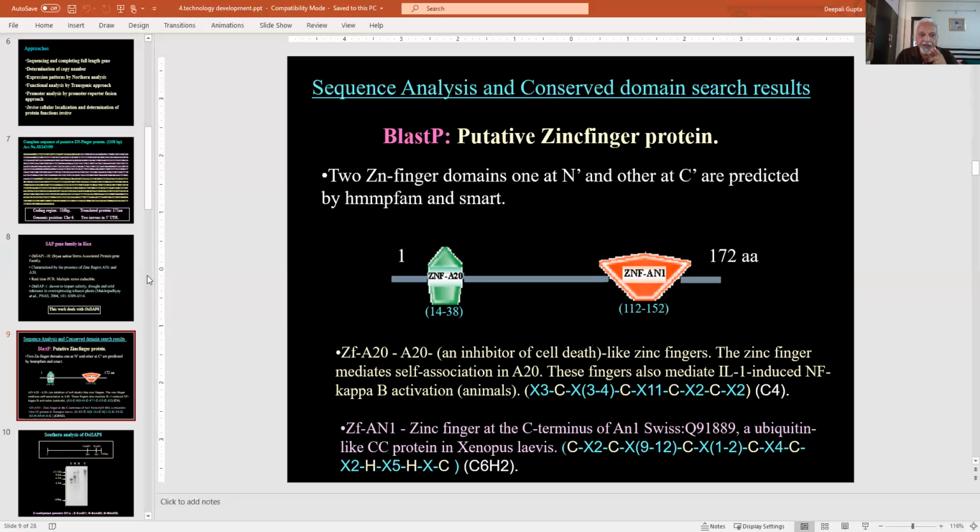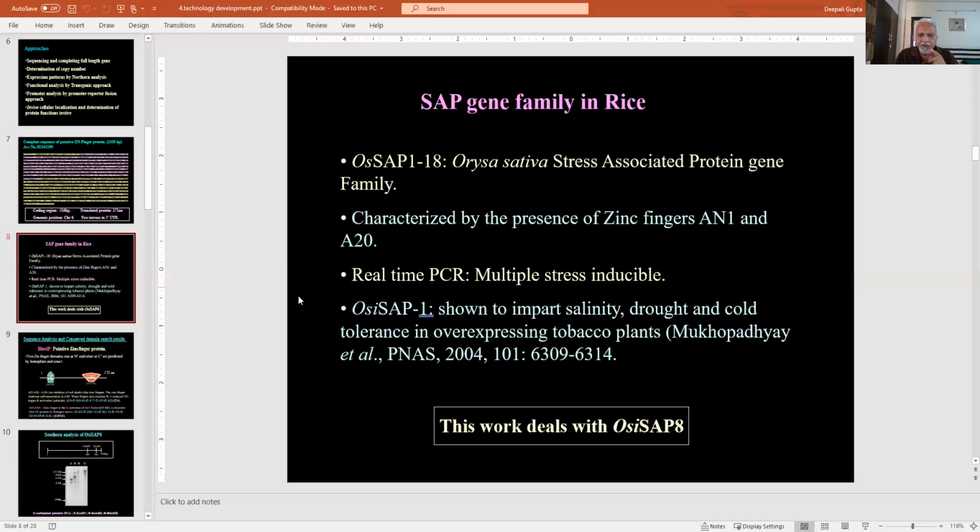So we named it OsiSAP8. SAP1 was demonstrated in tobacco, and then we started looking at SAP8.